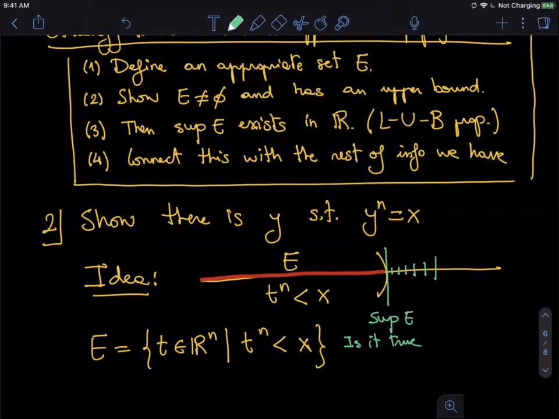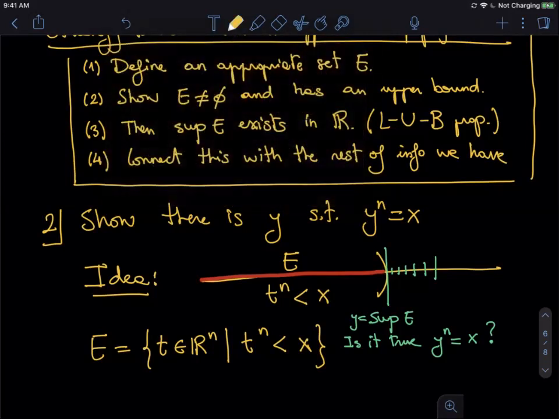So the question is, is it true? How should we call this supremum? Let's call it y. So is it true that y to the power n equals x? This is the big question.